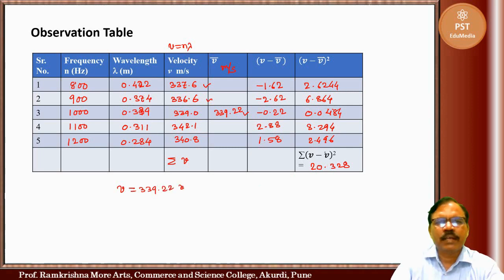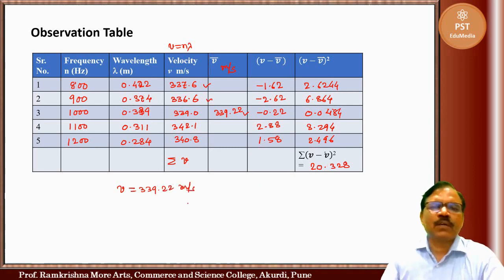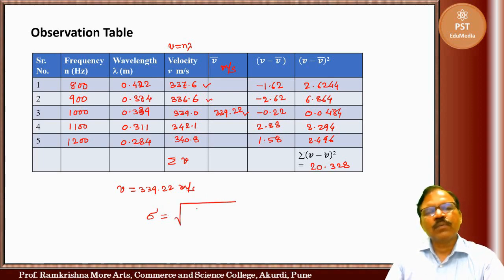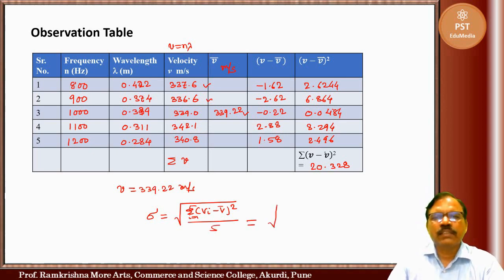Now see here, our average velocity is 339.22 meter per second. This is the velocity of sound in air for this experimental condition. Now we know velocity of sound changes with temperature also. Sigma is equal to the square root of summation Vi minus V bar squared, i equal to 1 to 5, divided by 5. So here it is the square root of 20.328 divided by 5, and if we find this, we will get 2.016.